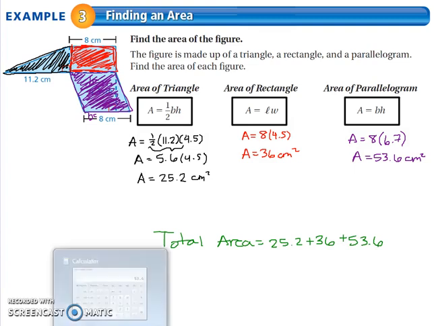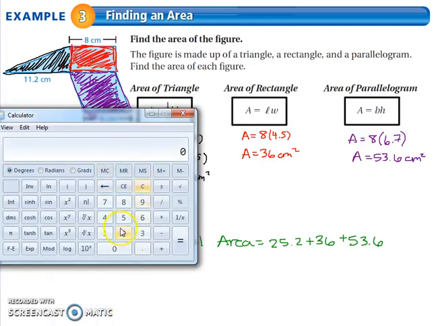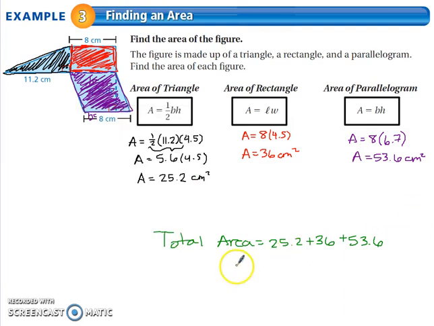On a calculator, I'll go ahead and add these. 25.2 plus 36 plus 53.6 equals 114.8. So our area is 114.8 square centimeters.